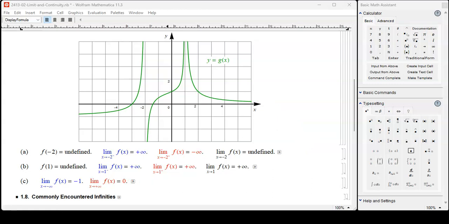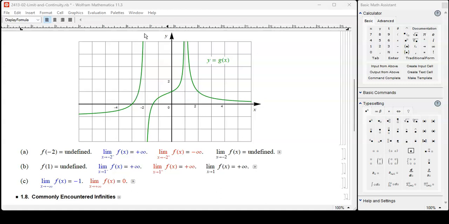So the conclusion: limit as x is going to negative infinity, x is going to the right-hand side, positive infinity. Those are horizontal asymptotes. Positive infinity, that's right-hand side. X going to negative infinity, that's left-hand side. Now, vertical asymptotes will give you the function value or the limit value going to positive or negative infinity.